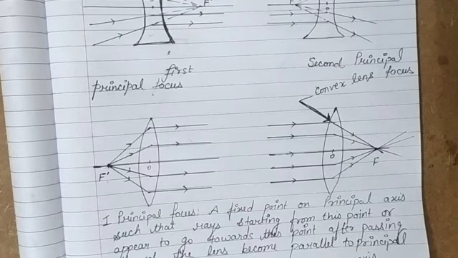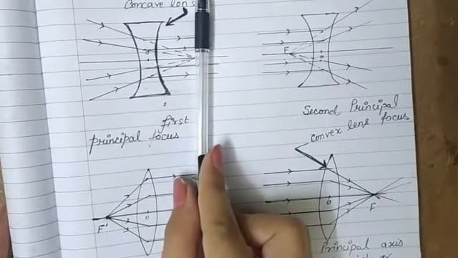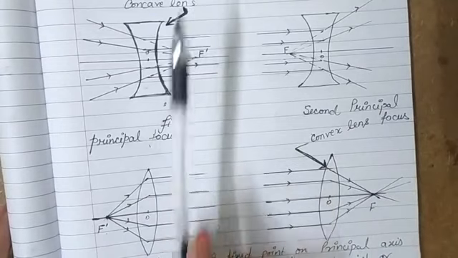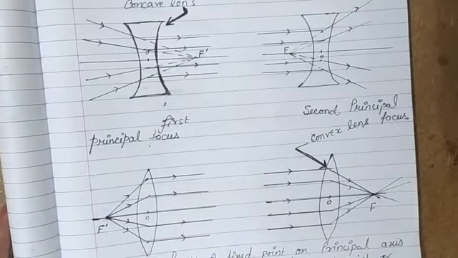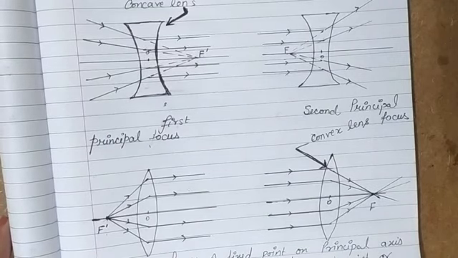The plane that is passing through the first principal focus and perpendicular to the principal axis is called the first focal plane. It should pass through that focus and be perpendicular to the principal axis.